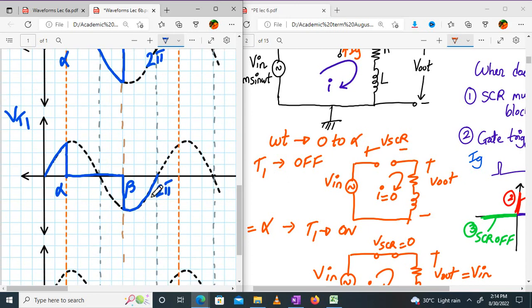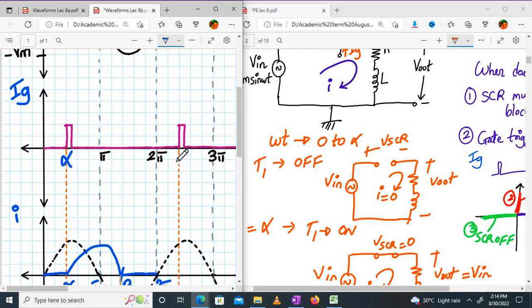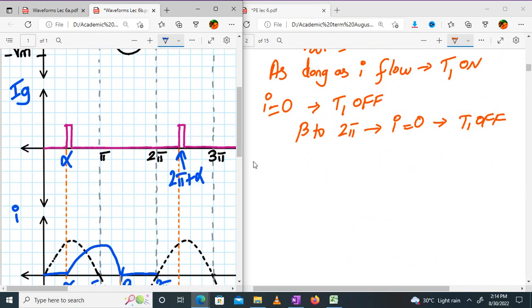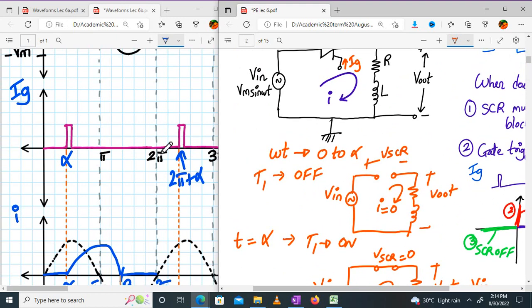Now, what will happen? We again apply a trigger pulse at 2 pi plus alpha. So from 2 pi to 2 pi plus alpha, what is my state of SCR? Off, because the trigger pulse has not come. So whenever t is from 2 pi to 2 pi plus alpha, the state of SCR is off, and when it is off, the same thing will continue.